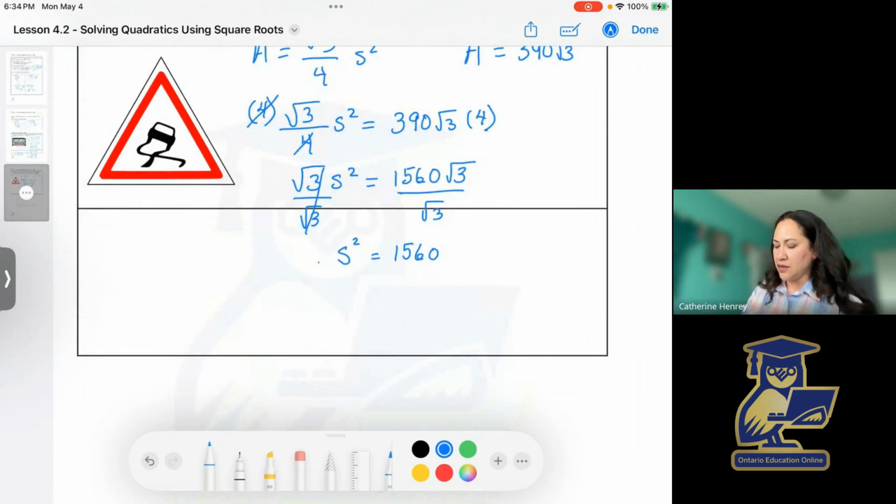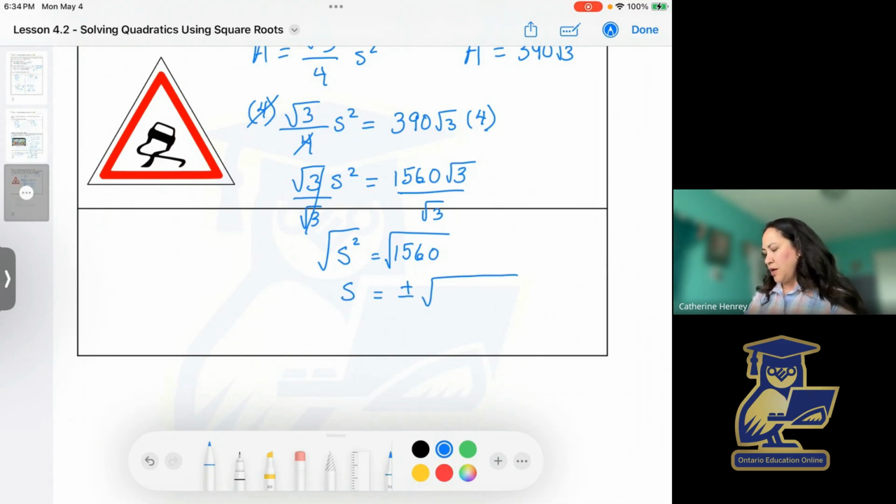So to solve, I get the square root of both sides. S is equal to plus or minus square root of 1,560. I separated that into 4 and 390. I couldn't find another perfect square number that can be divided into 390.